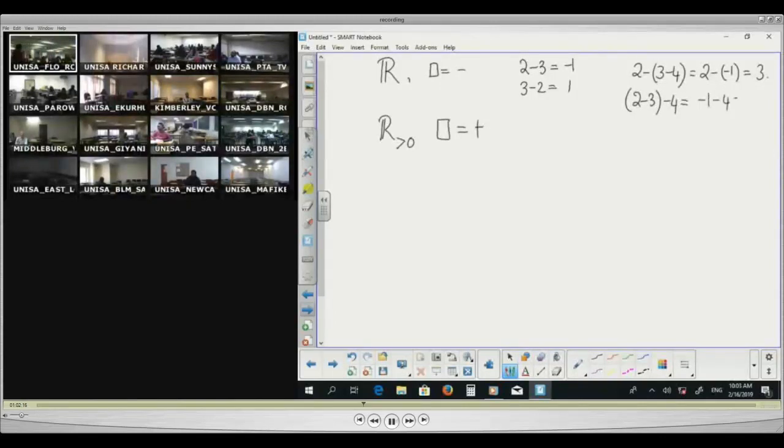Okay? Alright. Now, let's take positive reals with addition. Commutative? Associative? Yes? Does it have an identity? No. Because it's positive reals, so it is commutative, associative, but does not have an identity.